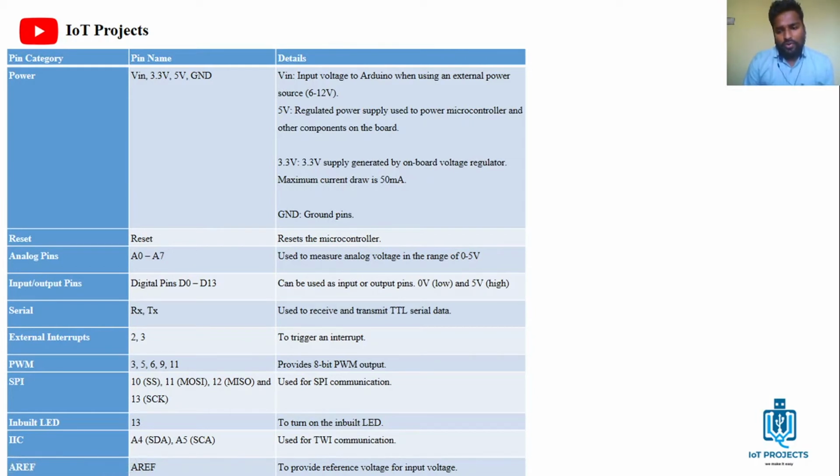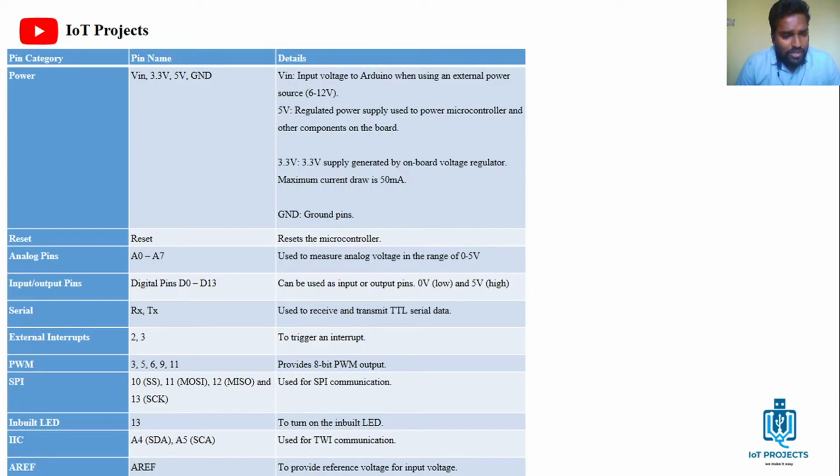So one thing is clear, students: if you want more analog inputs as compared to the Arduino Uno, you have to go for Arduino Nano, because here the analog voltage ranges from 0 to 5 and you are getting 8 analog pins. The digital pins are exactly similar to the Arduino Uno.